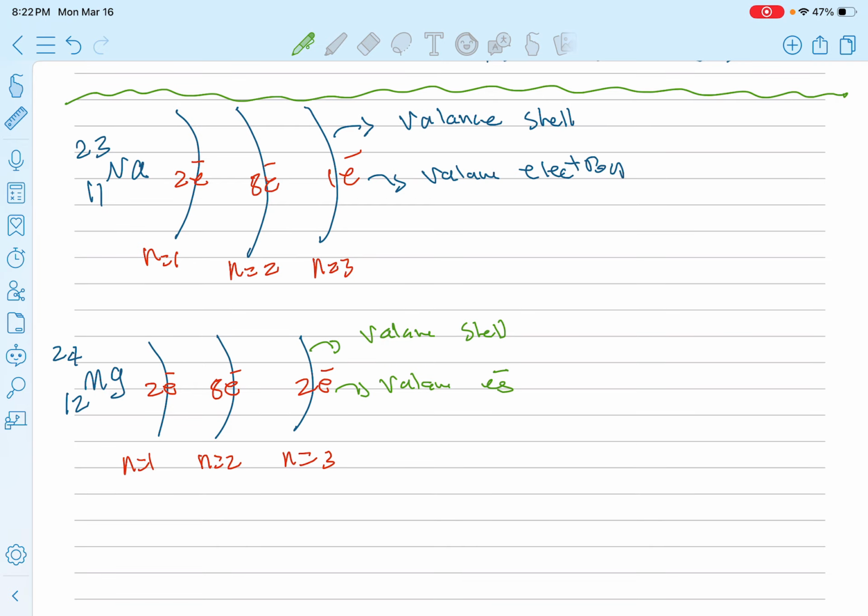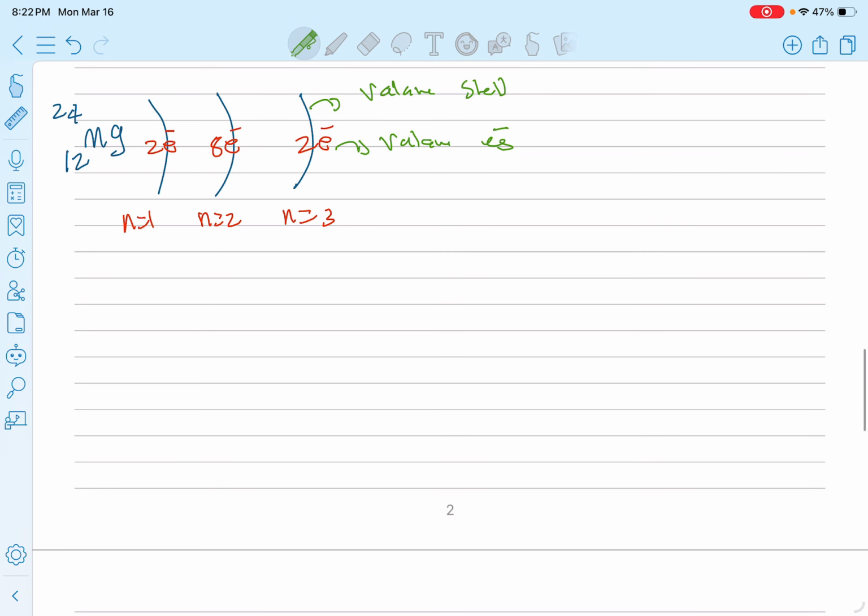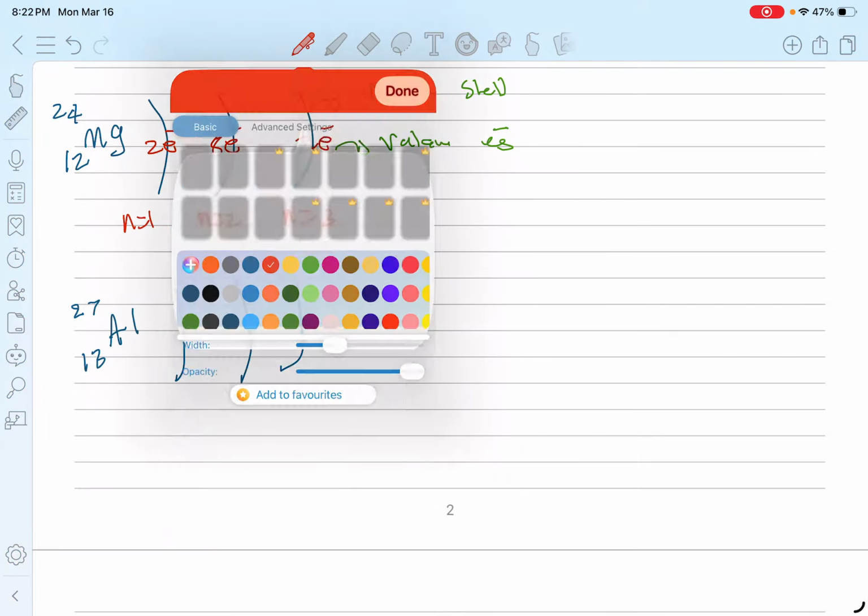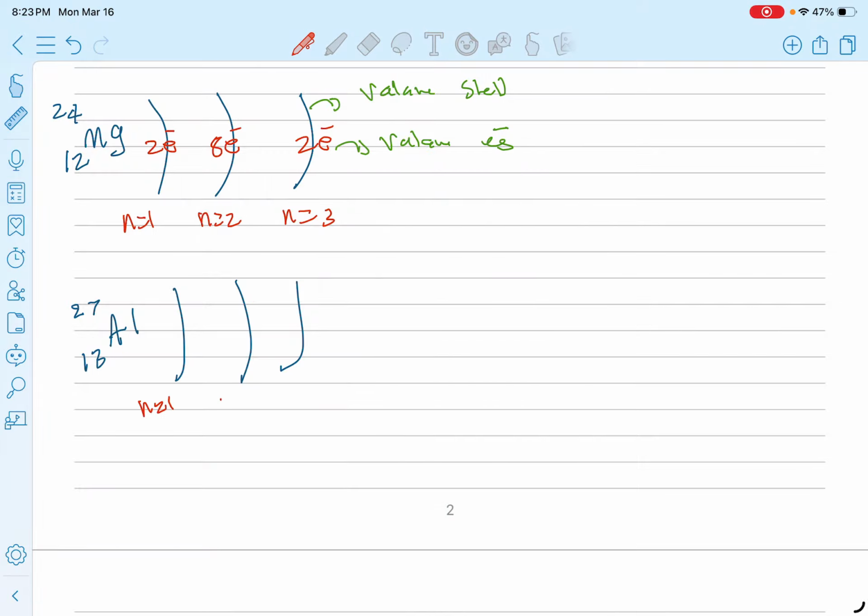If you draw the Bohr model for aluminum too, then you will reach a good conclusion and connect this to the periodic table. Aluminum is 13 and 27. So n is equal to 1, n is equal to 2, and n is equal to 3. So it's 2 electrons, 8 electrons, 3 electrons.